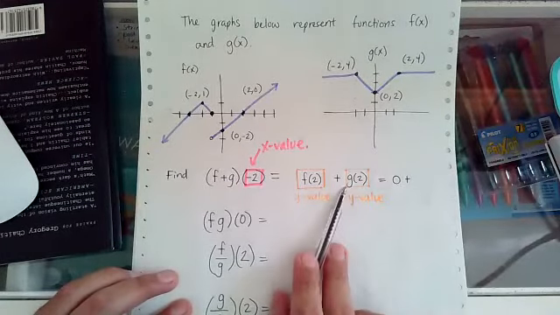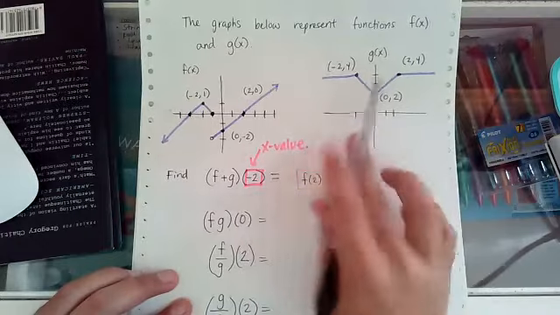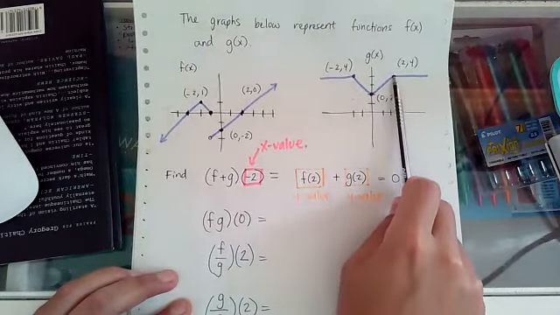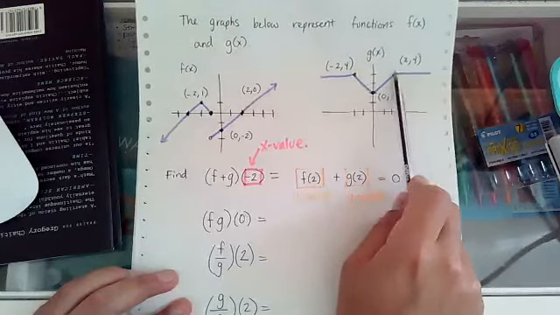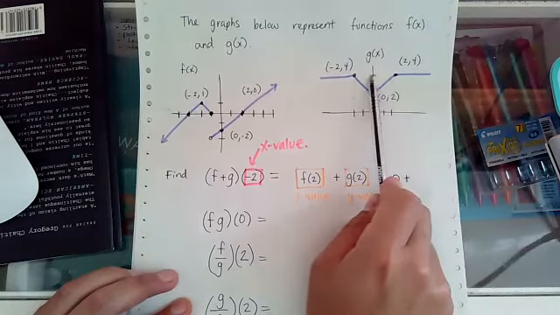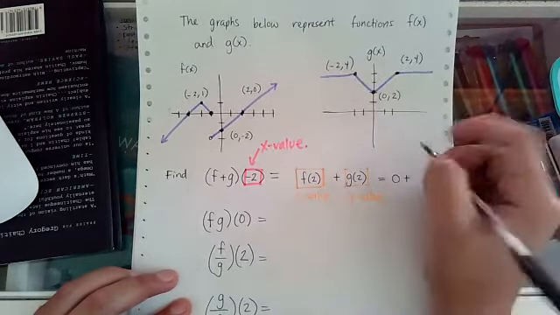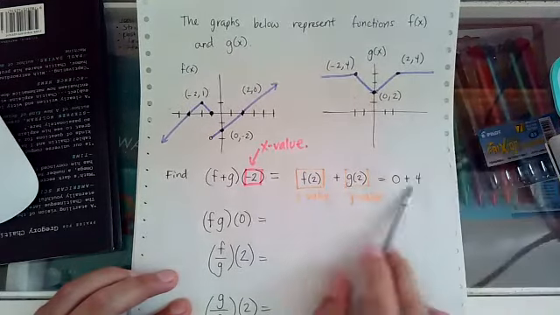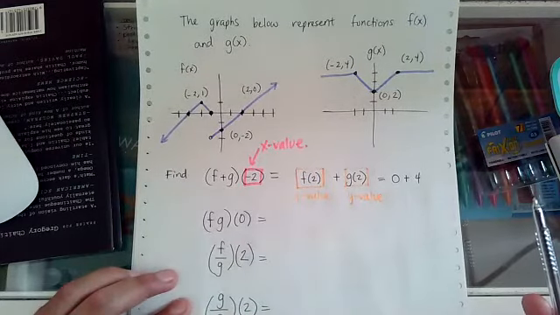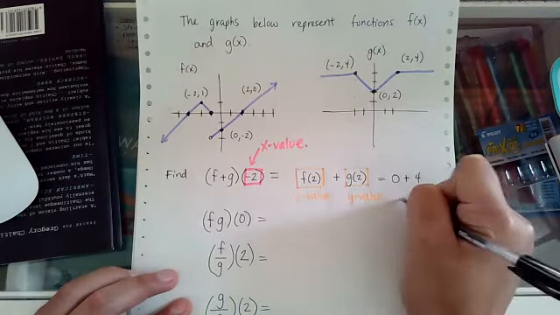So for g, I'll go to this other graph, go to the x value of 2, and then return the corresponding y value. And the ordered pair tells me that the y value is 4, but you could also just reference the y-axis and get that that's 4. So what we're really doing when they're asking us this question is just adding 0 plus 4. So that should be 4.